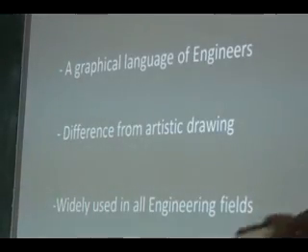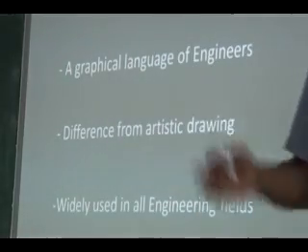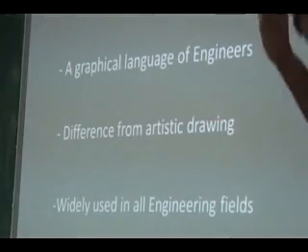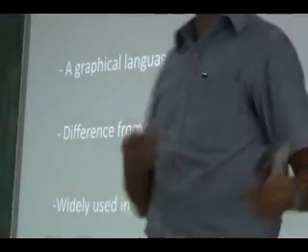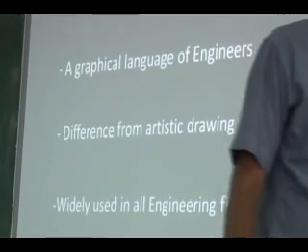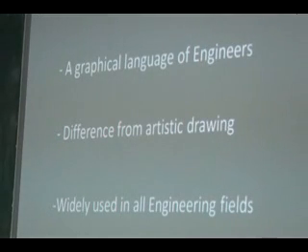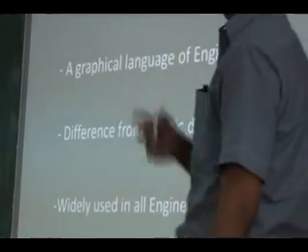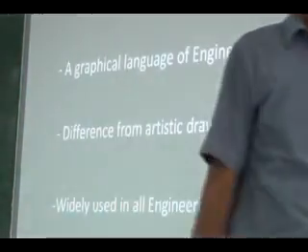As far as a mechanical engineer is concerned, any component drawing, any real life component, will be realized only if you have the drawing of that component. If you have the technical drawing, the engineering drawing of that component, then only can it be made.